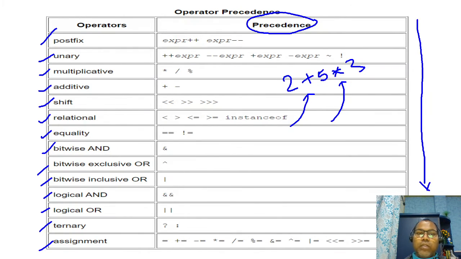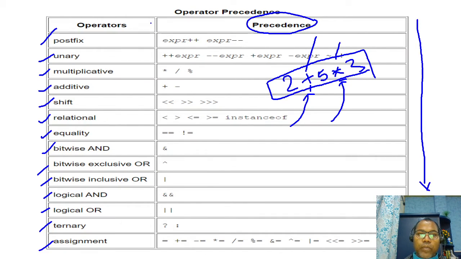This is known as one statement, and this statement has multiple operators. So the compiler first identifies the precedence order. They have two operators, plus and multiplication.